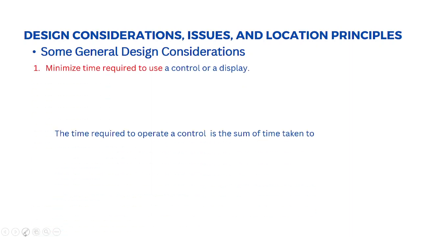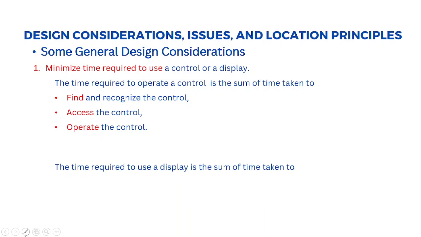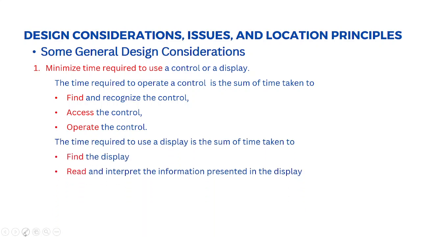The first design consideration is to minimize the time required to use a control or a display. The time required to operate a control is the sum of various activities: to find and recognize the control, to access it, and to operate it.